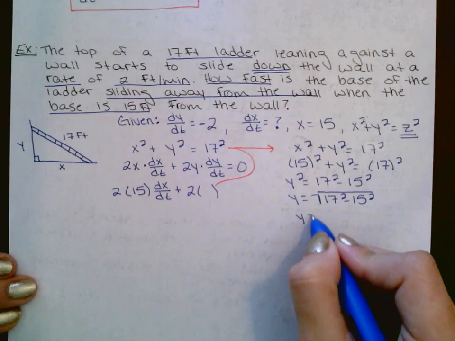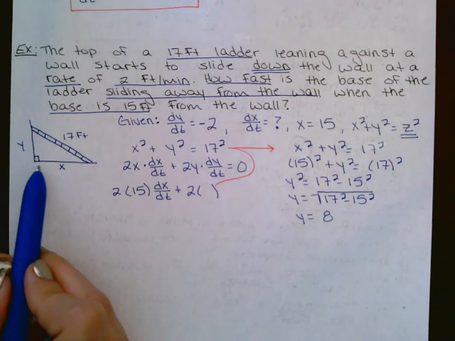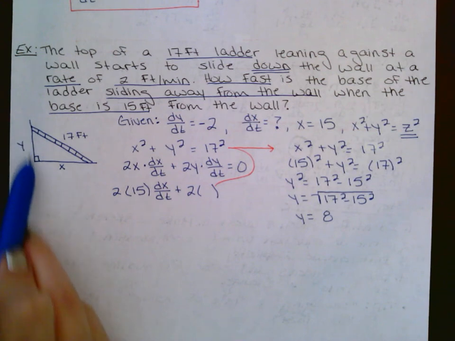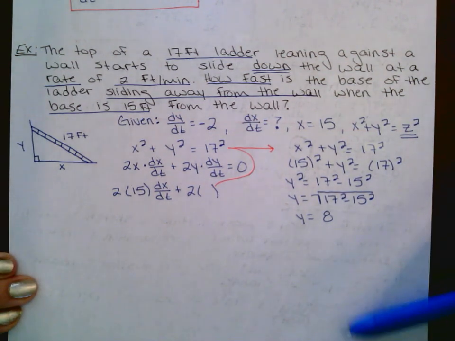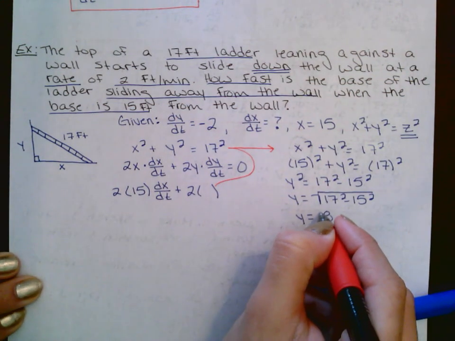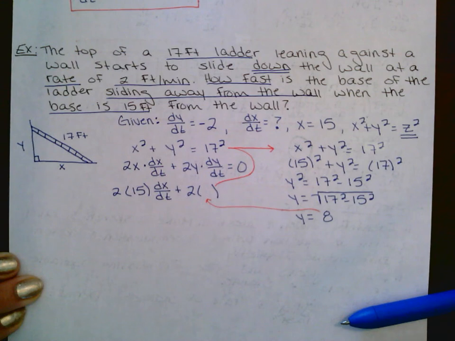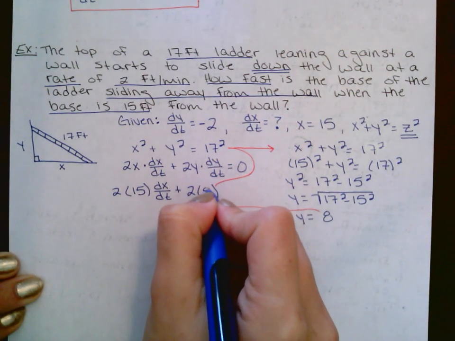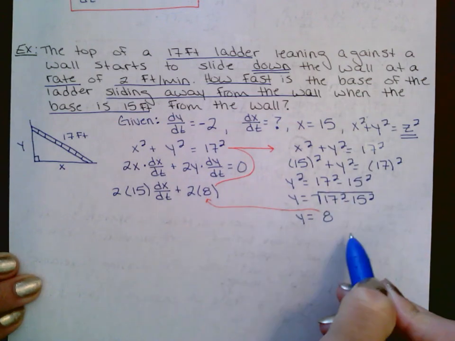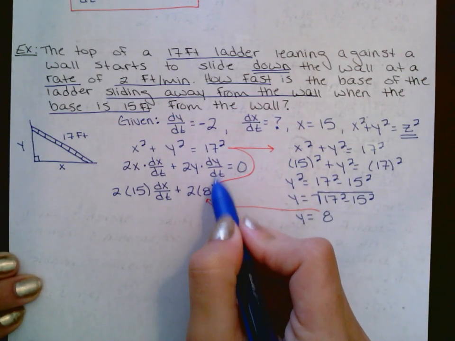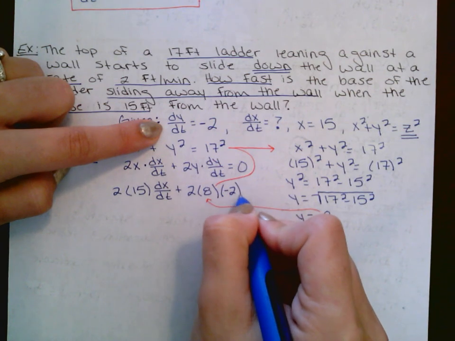Remember that every square root does have a positive and a negative, but because we're talking about the length, this measurement, we're talking about a positive number. So now that I have this 8, I can plug them right in. And now, so I'm moving on. I did 2 times y, which I found was 8. And then dy dt was given to me right here, -2.